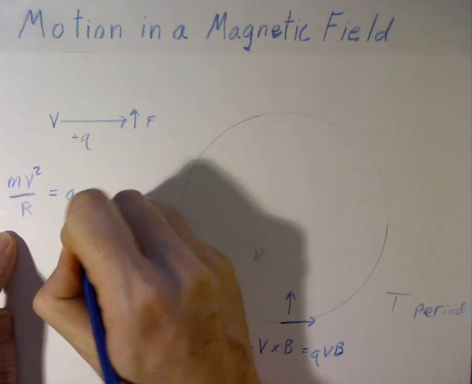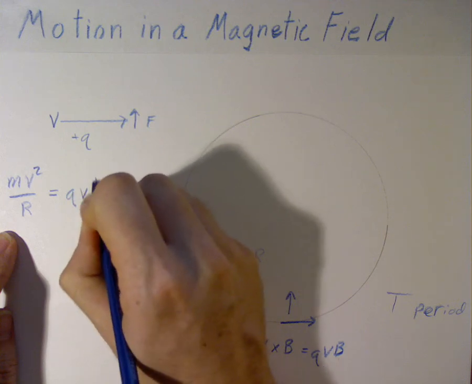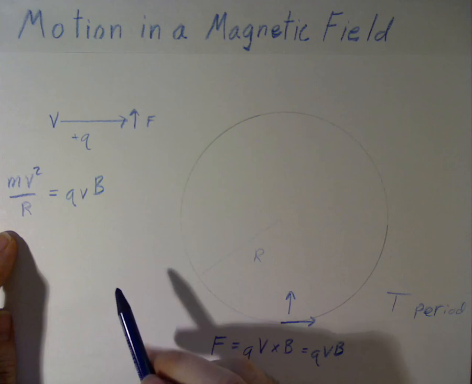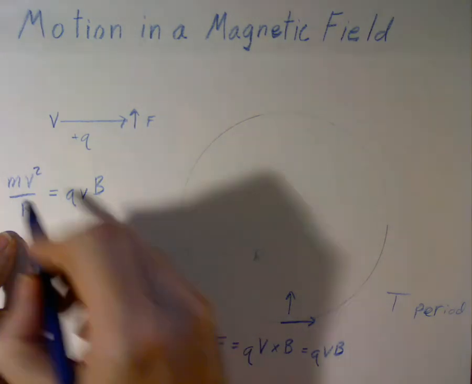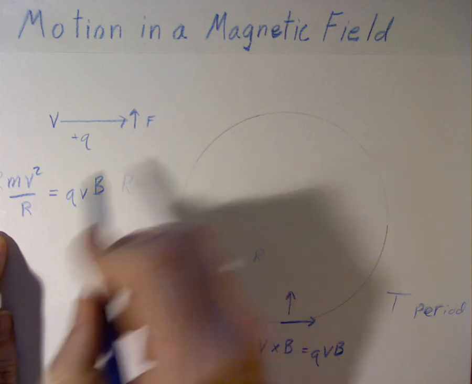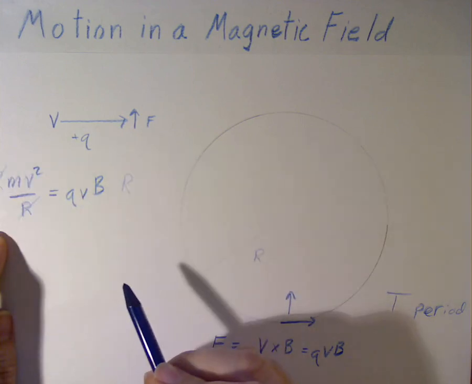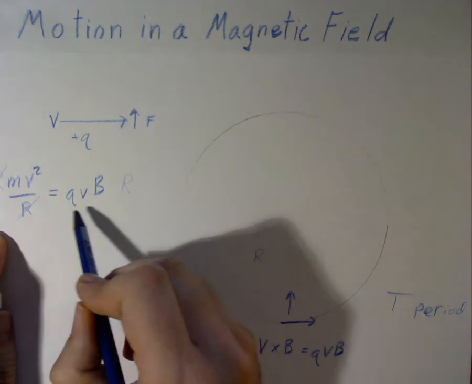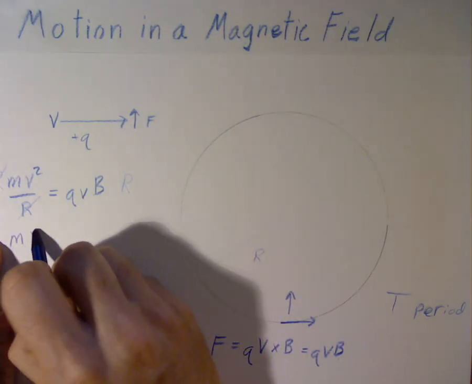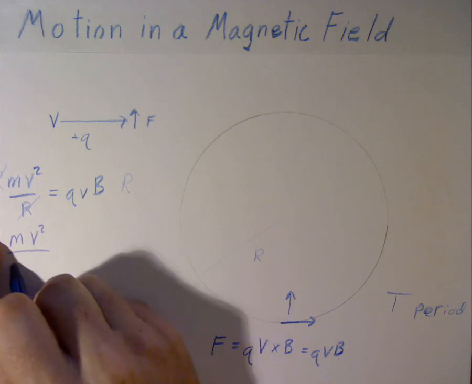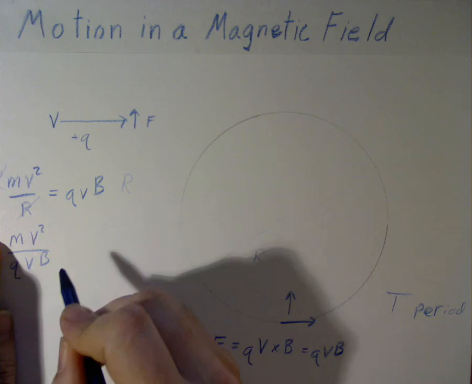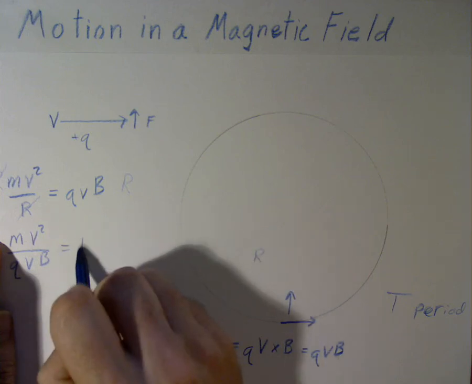We write Q, V, B. Now, if we want to solve for r, we can multiply both sides times r, and then divide both sides by QVB. We get m v squared over QVB equals r.